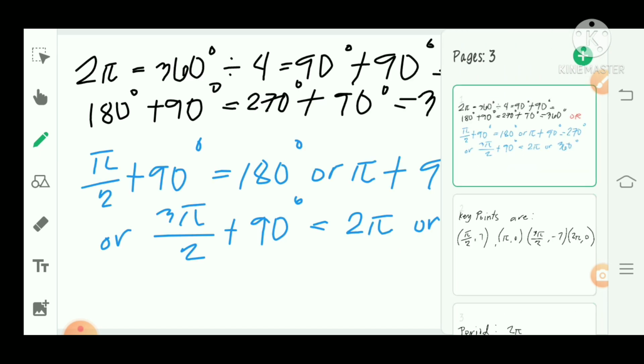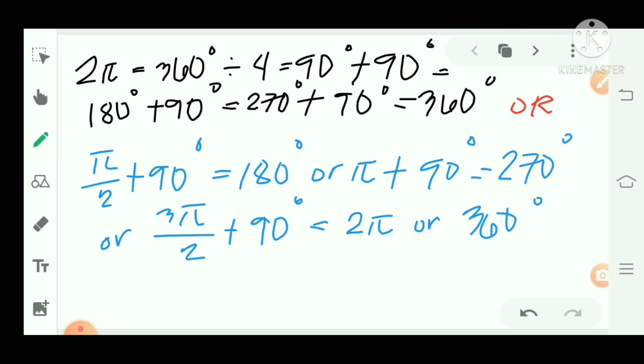Key points. In finding the key points, we divide the 2 pi by 4. 2 pi is equal to 360 degrees. 360 degrees divided by 4 is equal to 90 degrees. 90 degrees plus 90 degrees is equal to 180 degrees.